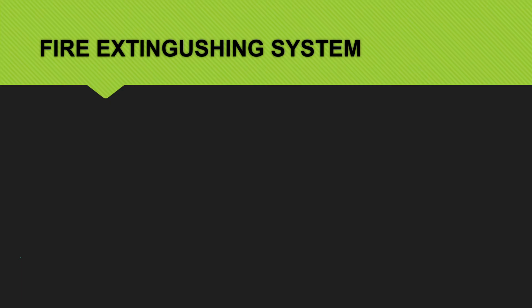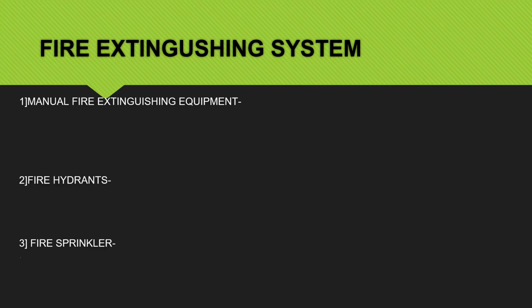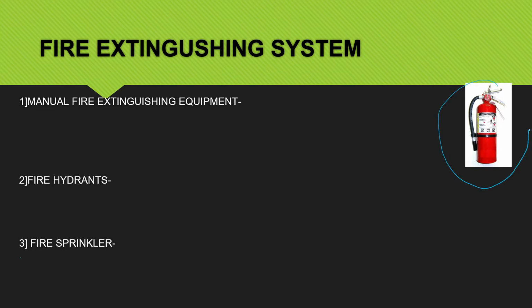There are various fire extinguishers. First we'll discuss manual fire extinguishing equipment. Most of you have already seen this picture maybe. This is nothing but a fire extinguisher. Usually these are placed near the lift well or in the parking or near the electrical room. These types of equipment are portable.